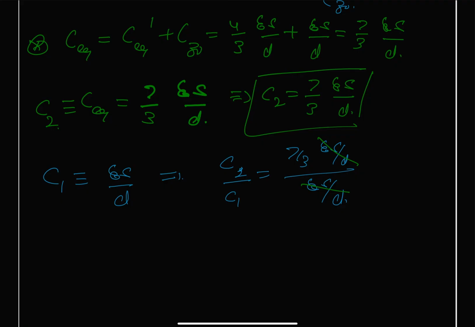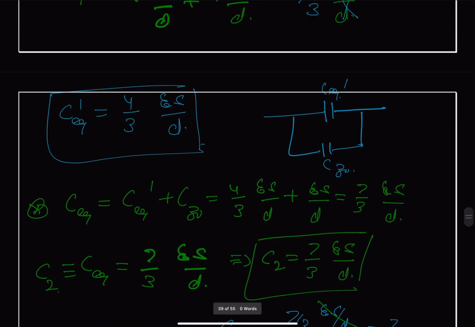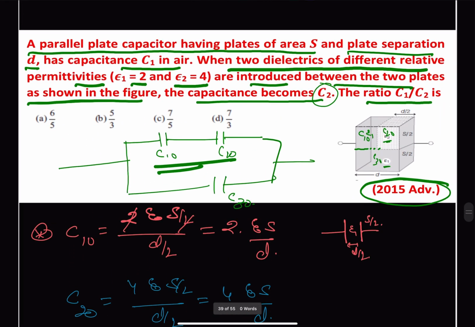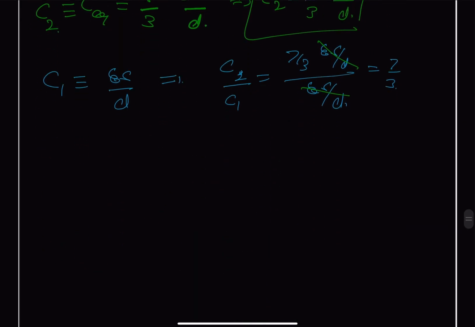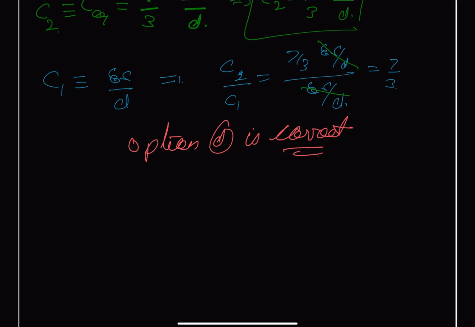So this ratio will be equal to 7 by 3. So we get option number D is the correct one. Option D is correct. Next question.